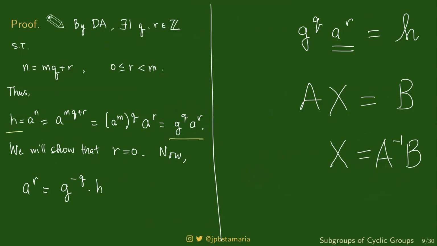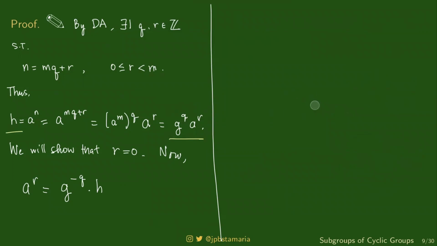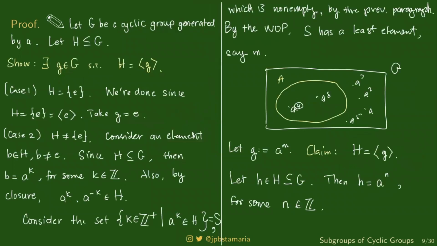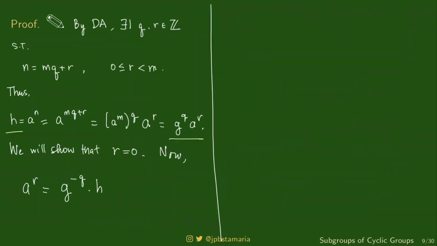Okay, now where is g? From the previous slide, g is a to the m, and a to the m is in h. It was the first one to be in h, right? So g is in h. So all powers of g are in h because h is a subgroup.